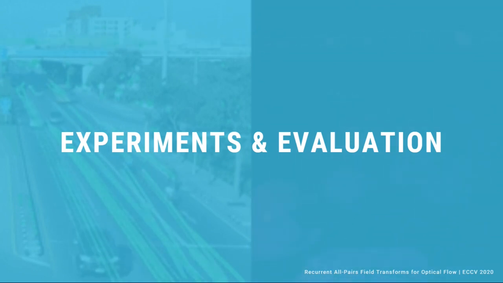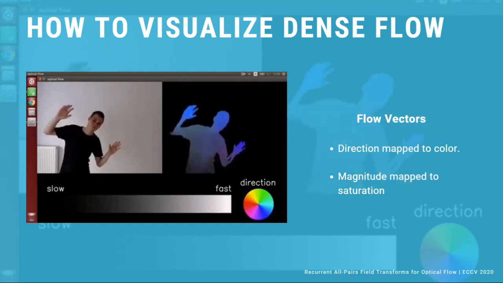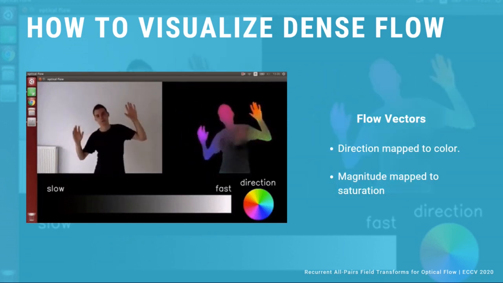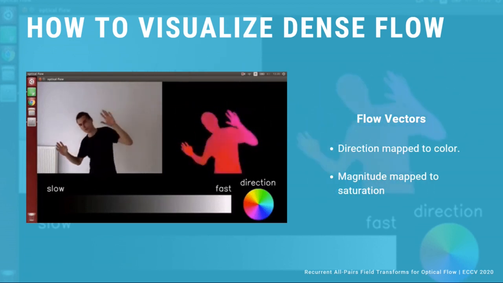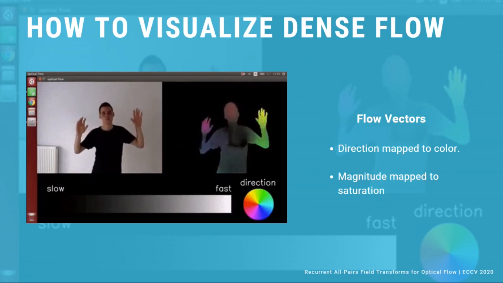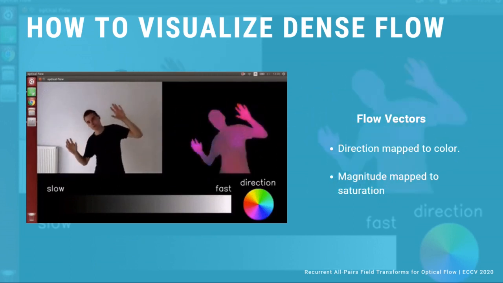Now I move on to the experiments and evaluation stage. So I will explain how to visualize dense flow. Here we map the direction to the color, and magnitude is mapped to the saturation.